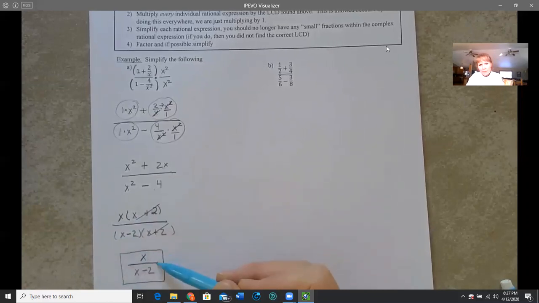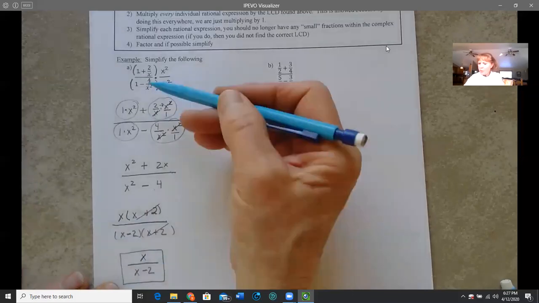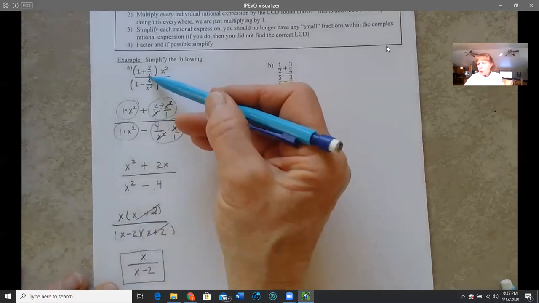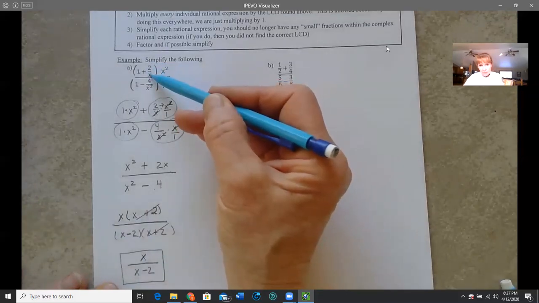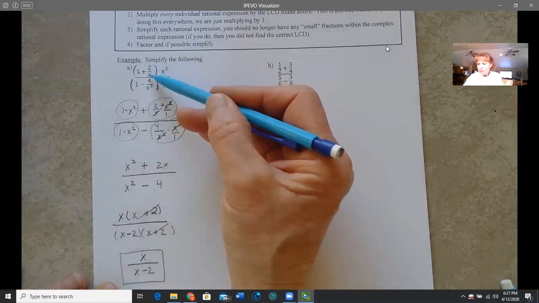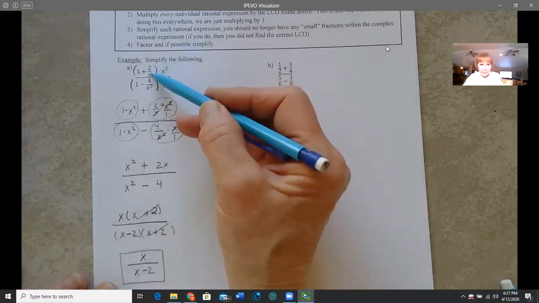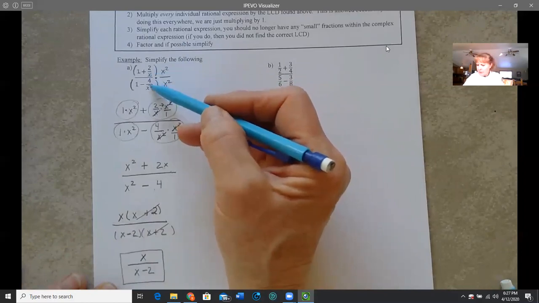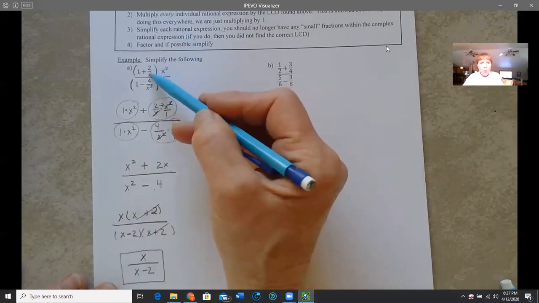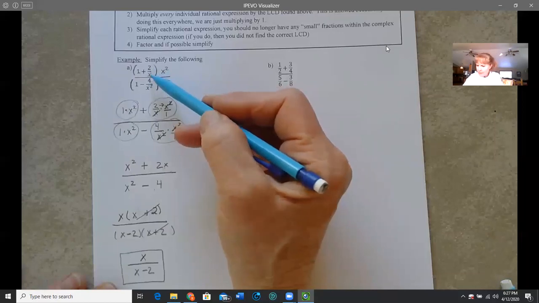This fraction is equivalent to the one we started with. So if you were to put an x into this first one that we started with, let's say you could put in the number 2. And no, you couldn't, because then you'd end up with a 0 in the denominator. But you could put in a 4 for your x's, okay?